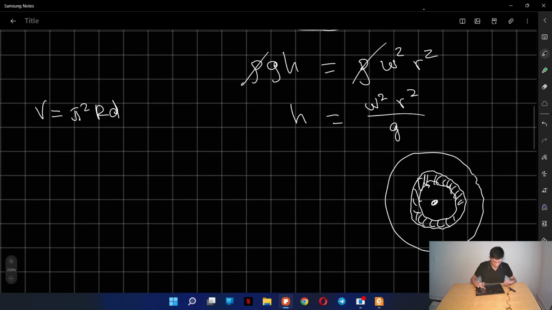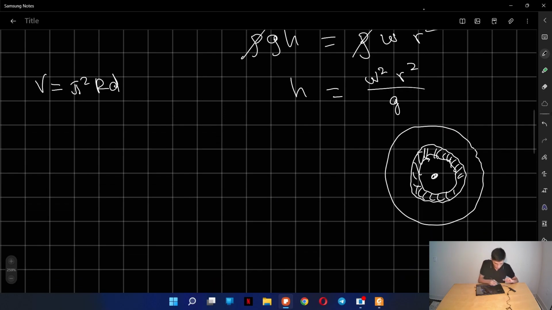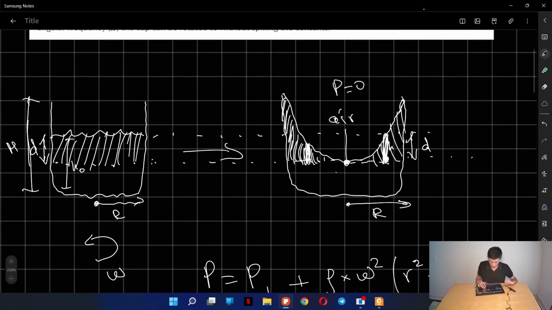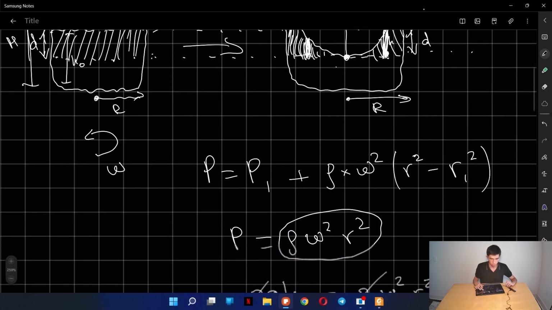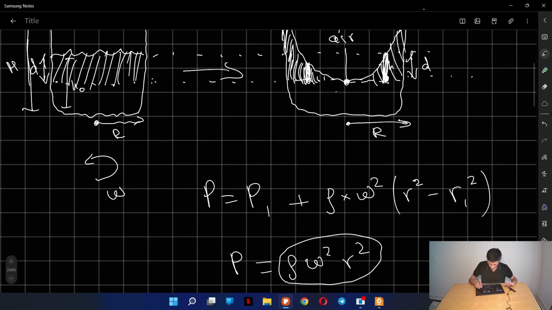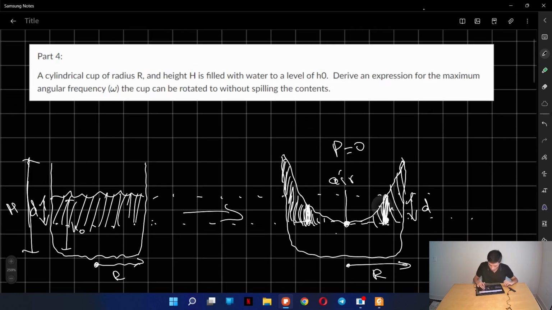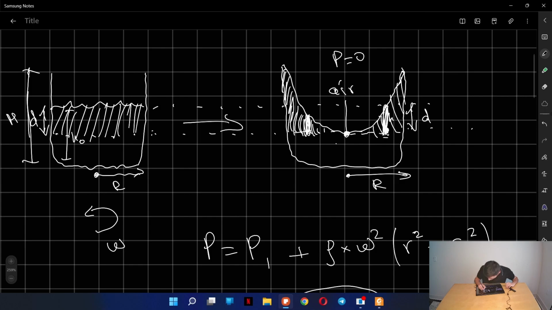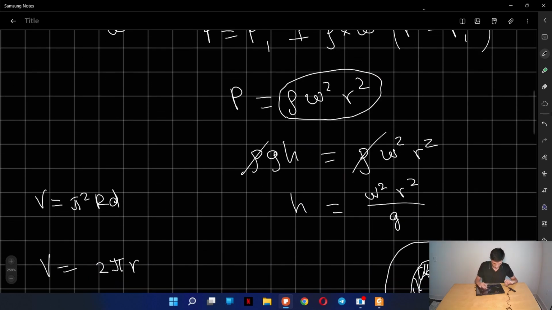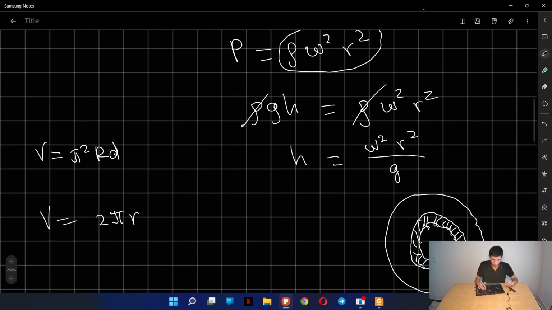As I said, for that part, it's going to be 2 pi r, the circumference, multiplied by this small distance here, which I'm going to say is dr.